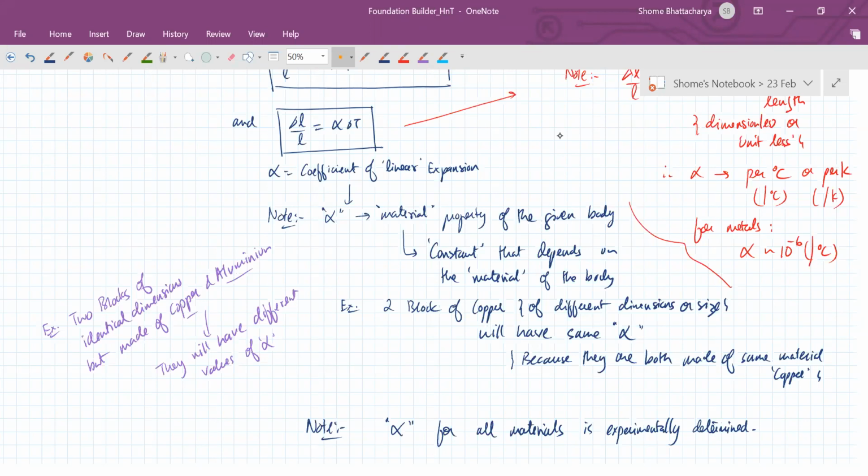The values listed in engineering manuals are determined by competent authorities which do the experimental analysis.